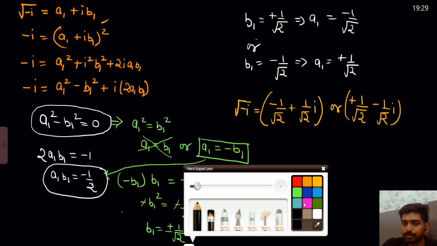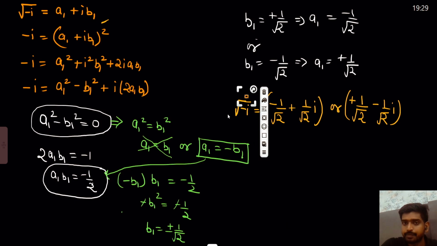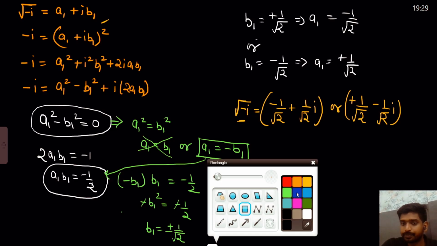So this is the value of under root of minus iota. It is also very interesting. By seeing this, someone will say it is imaginary, but it is not imaginary. Under root of iota and under root of minus iota both are not purely imaginary, because the real part is also there. Got it? Now next one.